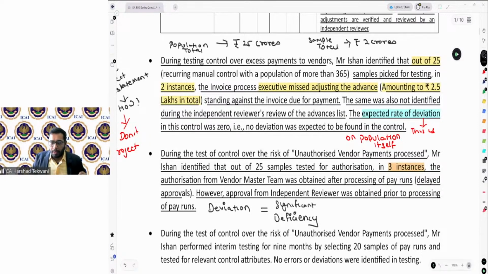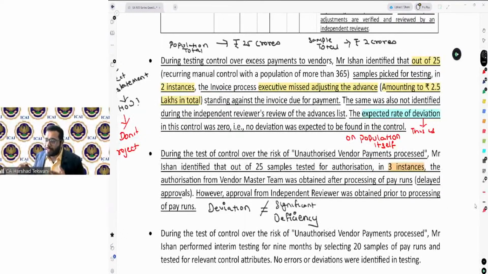Okay. Now let me explain a brief concept about the deficiencies. First of all, deviation is not equal to deficiency. Remember that. In most cases, deviations can be there. That's why we have an expected or tolerable rate of deviations.